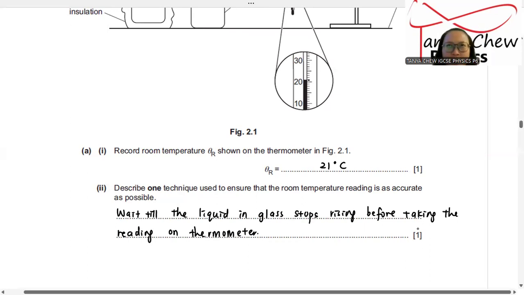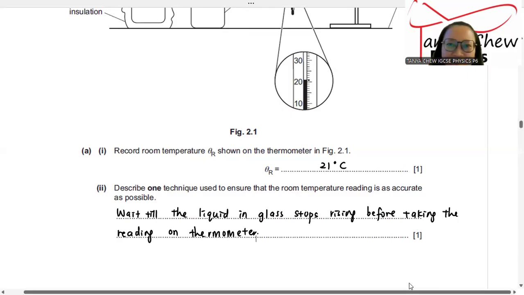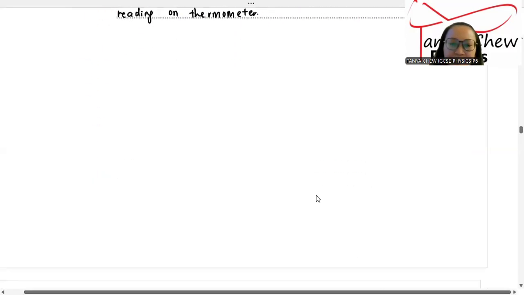Or you can also say make sure the eye level is perpendicular to the scale on the thermometer to avoid parallax error. Not a problem.